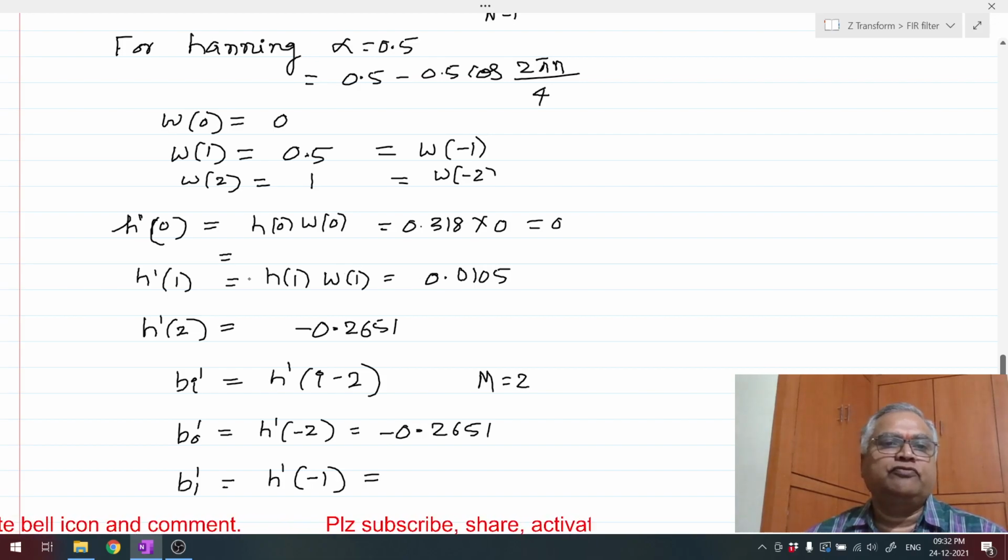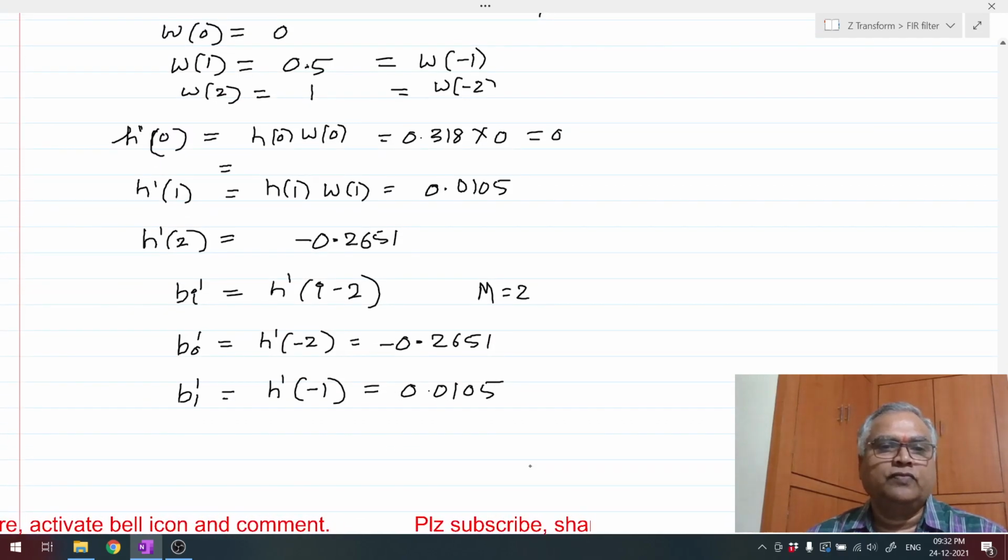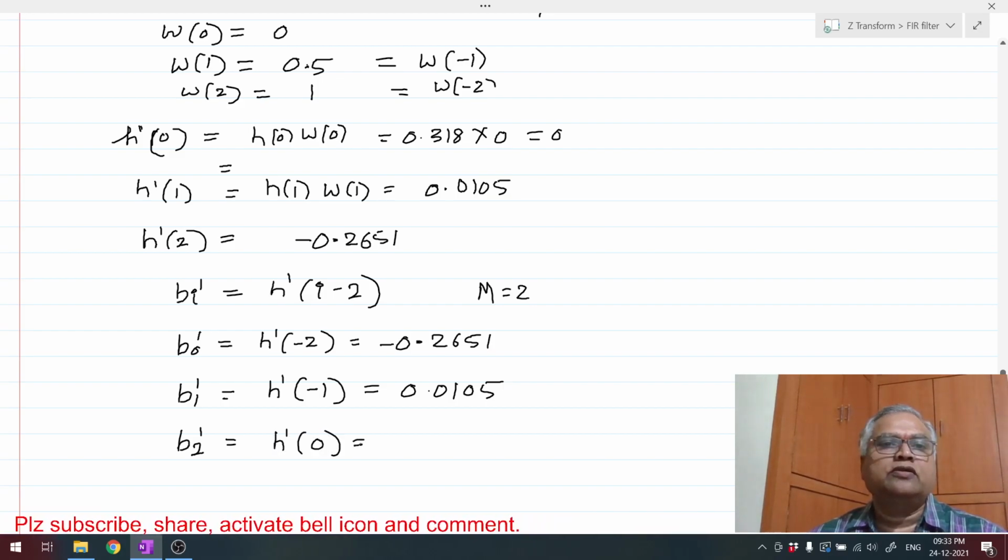H prime of 1 or minus 1 is the same, so 0.01. B2 prime is h prime of 0, that is 0.